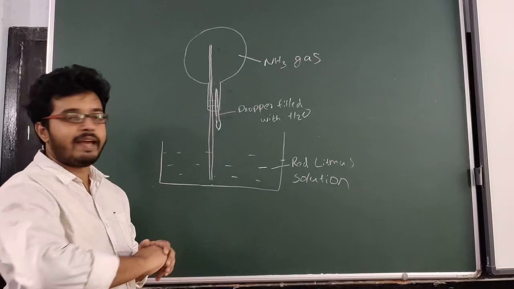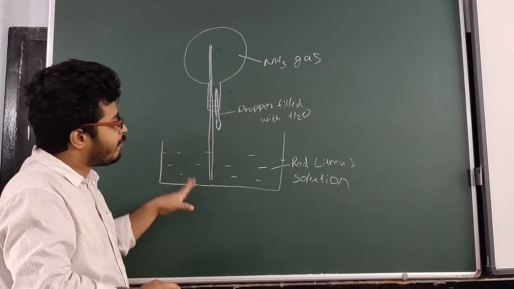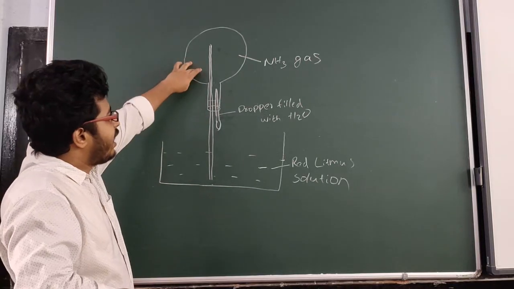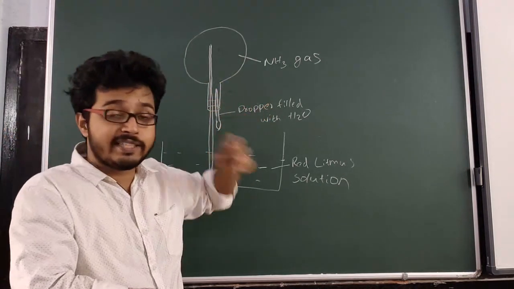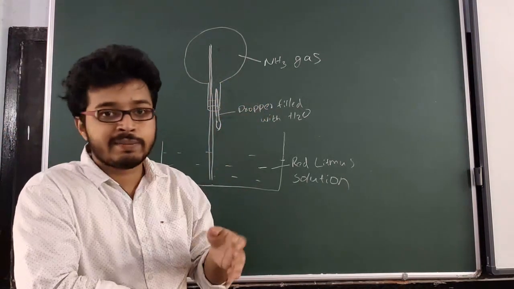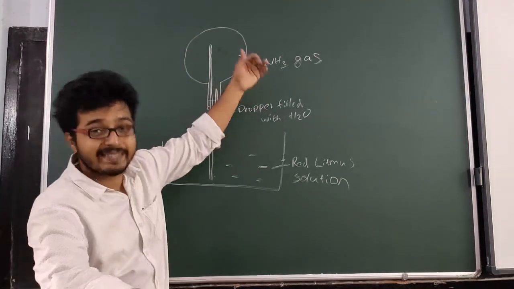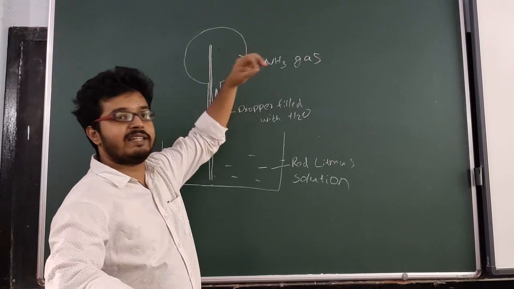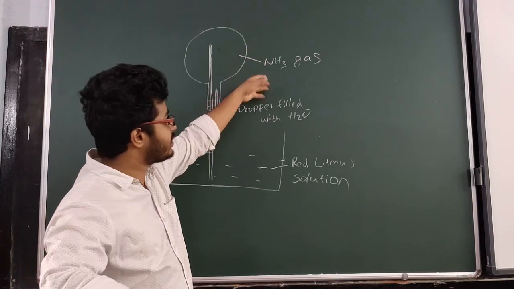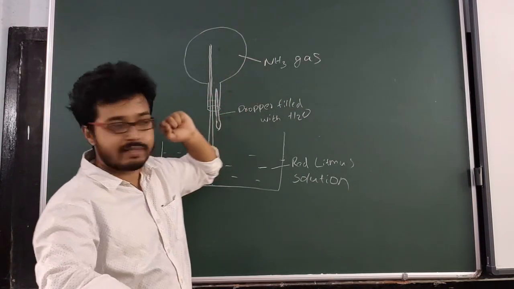we have set up a blue fountain experiment for ammonia. Inside the round bottom flask, it is filled with ammonia gas. In the last experiment, the red fountain experiment, instead of ammonia it was HCl gas. Now, instead of HCl gas, we are adding ammonia gas.